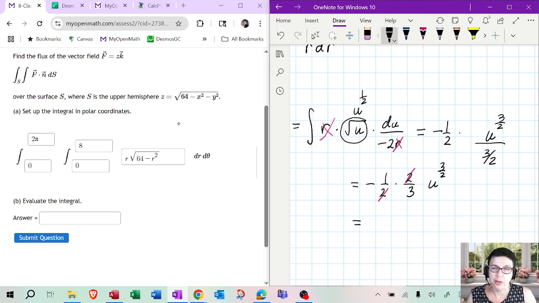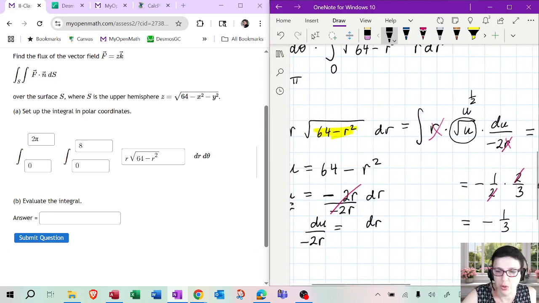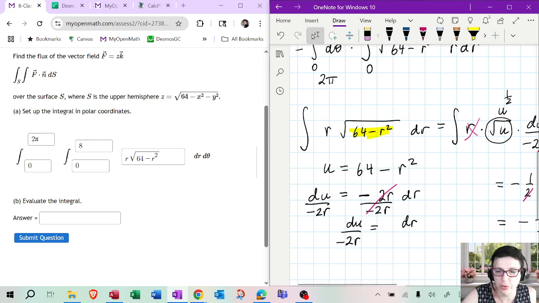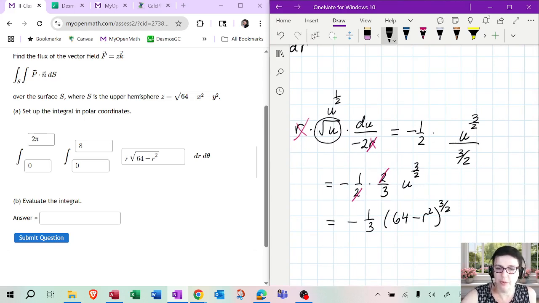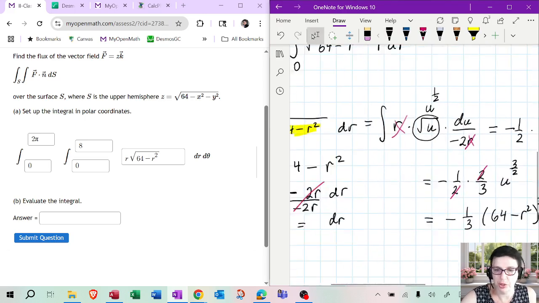You can possibly switch the limits to the new variable and then substitute those, but I don't like that. I am going to switch all the way back to r. So I remember that I called u 64 minus r squared. So this is going to become 64 minus r squared to the power 3/2. So I am done with my integration, and now I can substitute the limits.